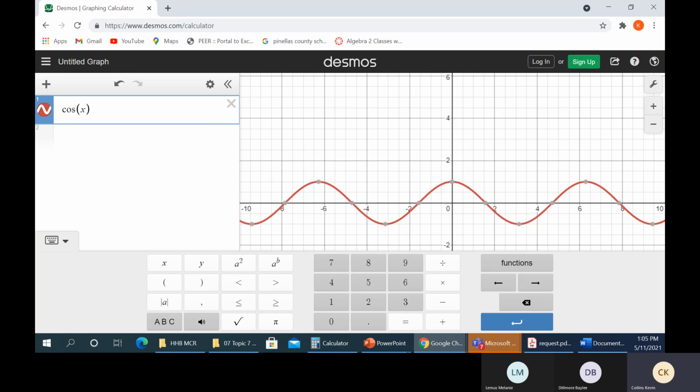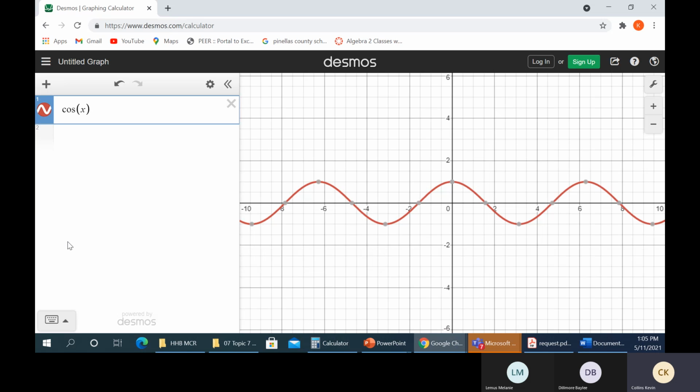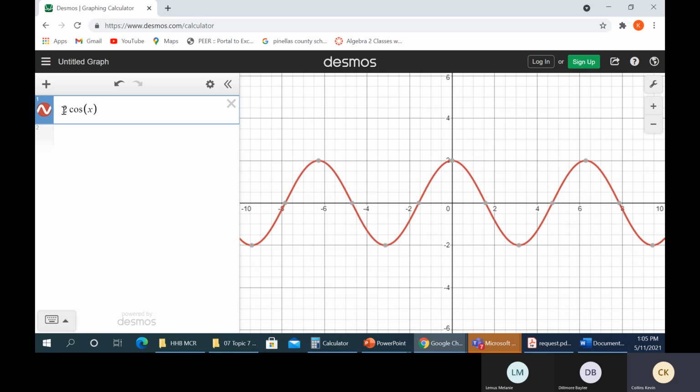So he's bouncing back and forth between 1 and -1, right? So if we stick a 2 out front, the roller coaster gets taller, right? So now it's bouncing back and forth between 2 and -2.